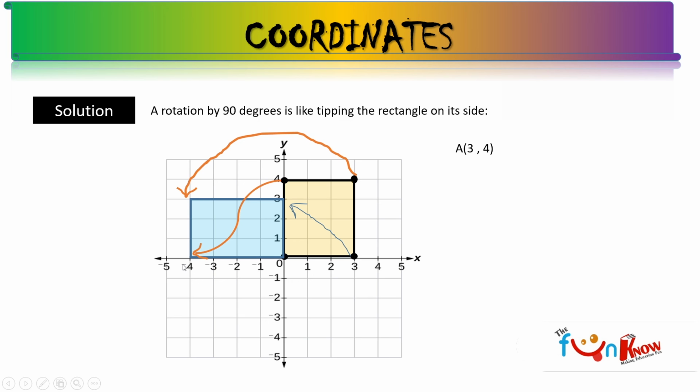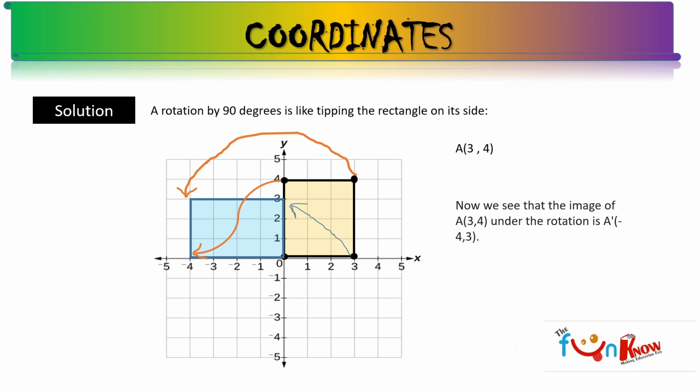I hope, students, you remember that while rotating 90 degrees, the positions of x and y swap. So here again the positions of x and y are swapping. Here A was (3, 4), but here we can see now this is our A dash, and A dash will be (-4, 3). So 3 and 4 positions are swapped, and while swapping, obviously the y becomes negative.